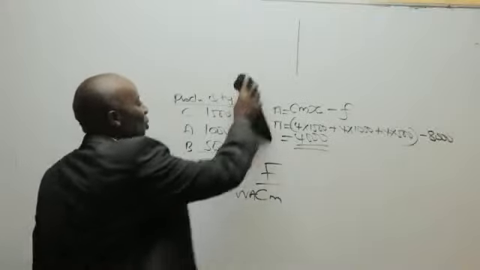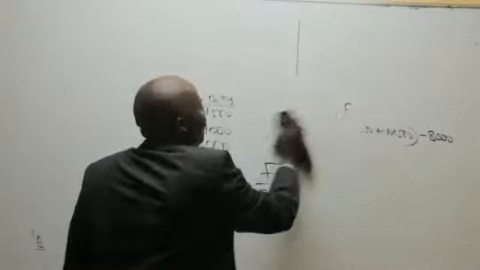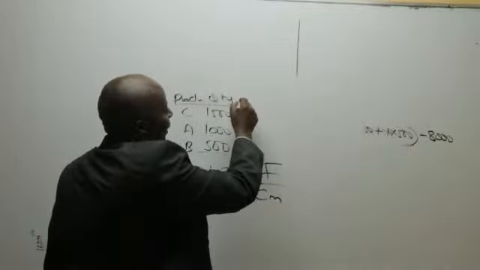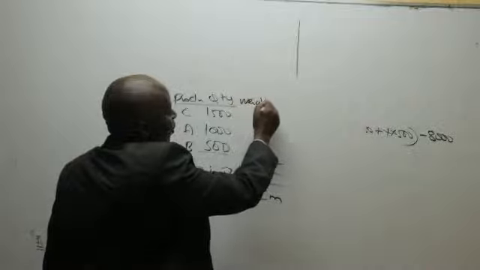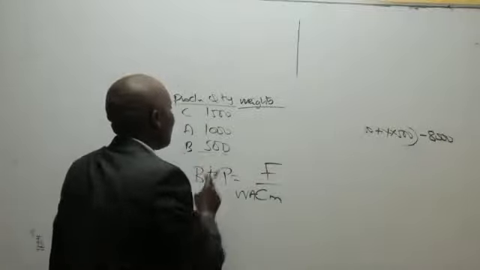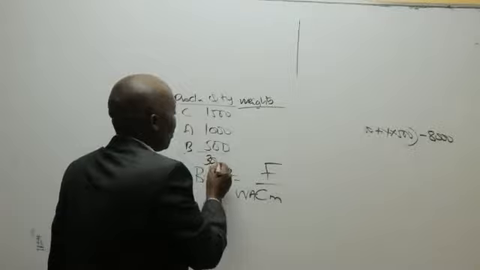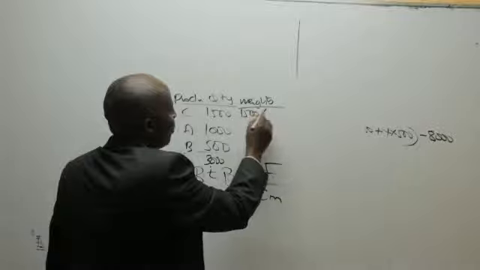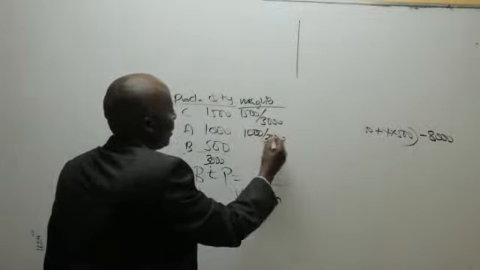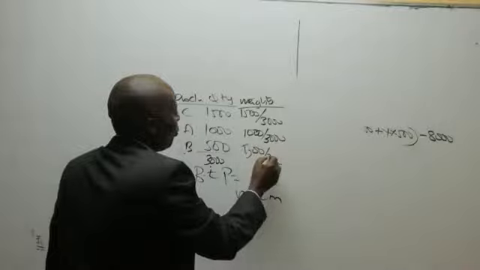So what I will need to do is to come here and first of all ascertain my weights. Adding these gives 3,000. So this will be 1,500 over 3,000, this 1,000 over 3,000, and this 500 over 3,000.